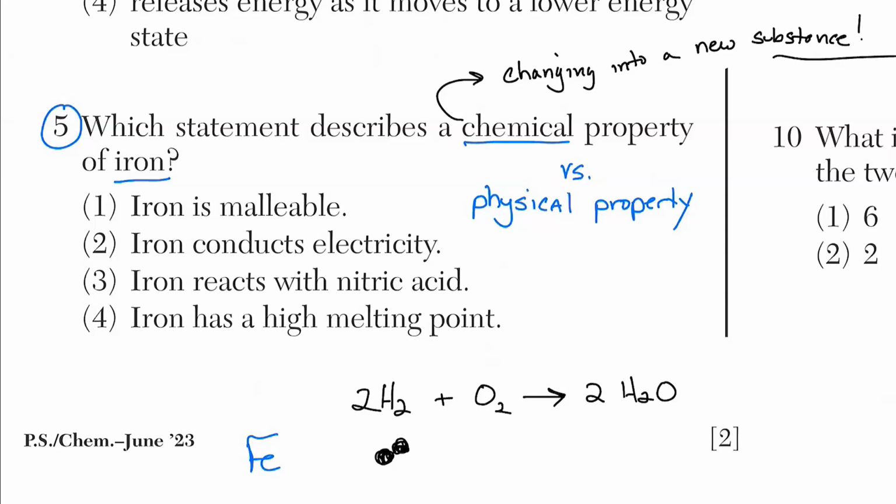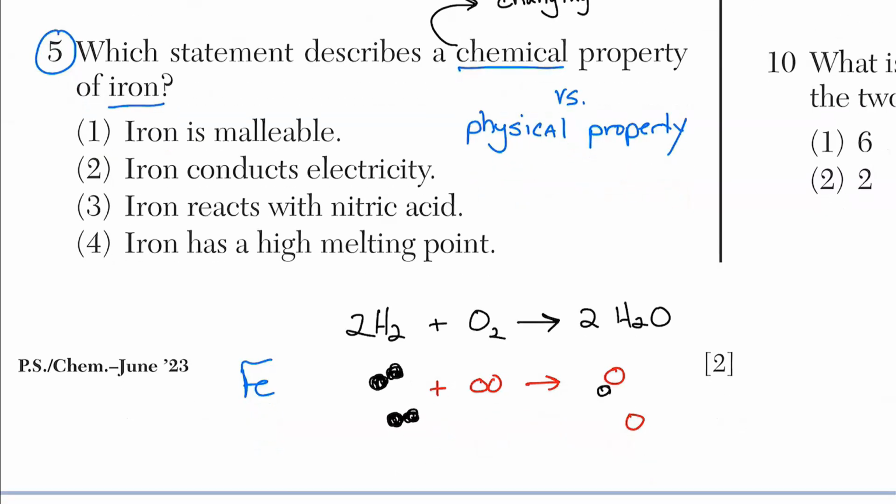Let's do two hydrogen particles here. These are called elements, diatomic. Oxygen's diatomic too, but I need one here. These guys react with each other, and what do they make? Well, they're going to make two water molecules that have a different arrangement, and they're going to look like this.